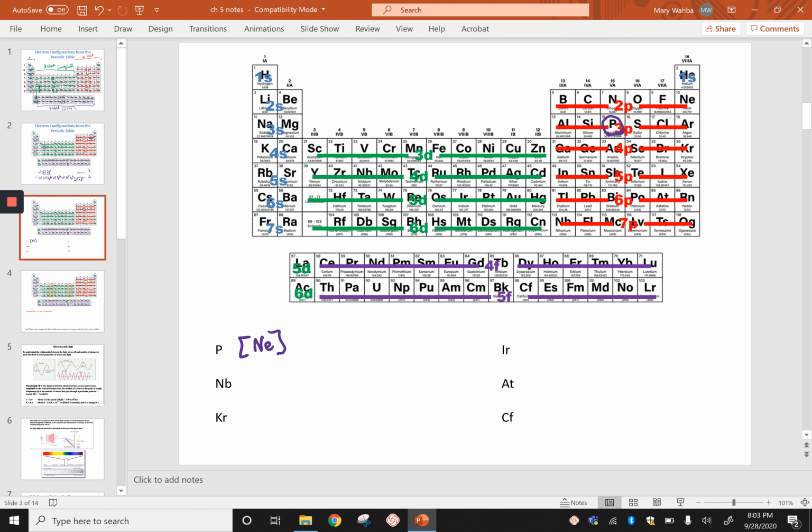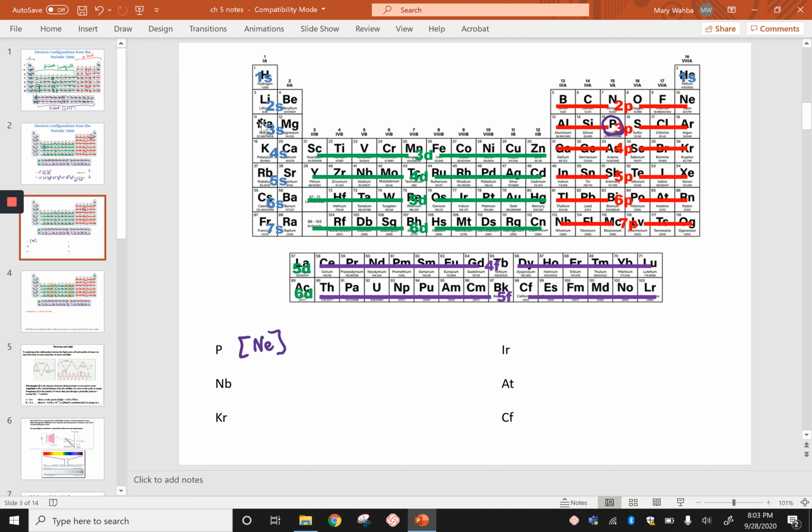What that means is this is a shortcut that means that you have written the electron configuration up to and including neon. So by writing this, that means you've done 1s2, 2s2, 2p6, and you ended at neon. So now all you have to do is just do the rest of the electron configuration after your noble gas. So starting from here all the way to your element.